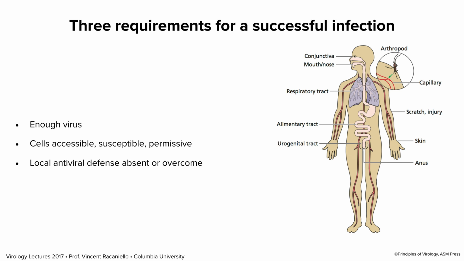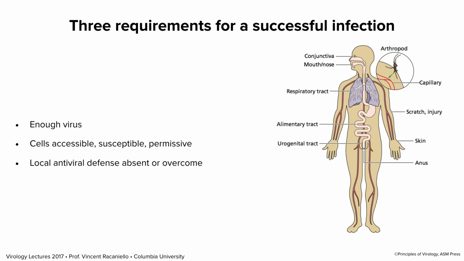Cells have to be accessible to infection. We'll see some examples where virus never reaches cells that can be infected, so there's no infection. Cells have to be susceptible. Remember what that means? They have receptors for the virus, and they have to be permissive. They have to be able to replicate the virus beyond uptake.